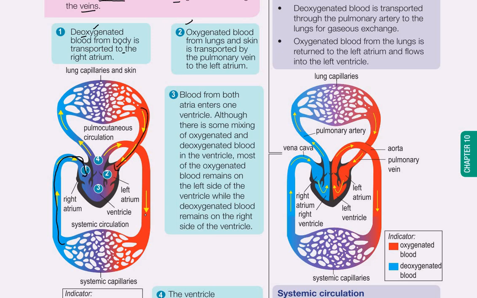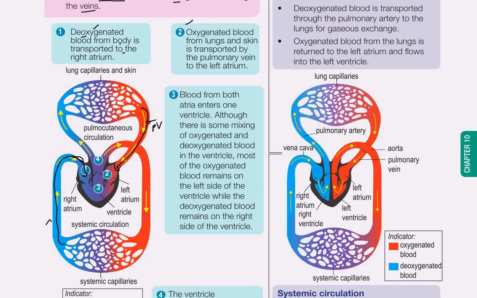This other blood is deoxygenated blood from the body, from below here, for example from the systemic circulation, and then goes to the right atrium. But for this one, oxygenated blood from lungs and skin will be transported to the left atrium by the pulmonary vein. So this blood vessel is known as the pulmonary vein.